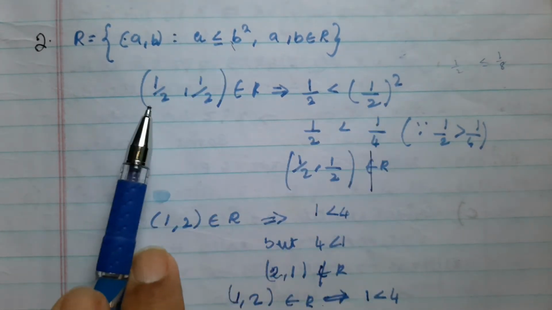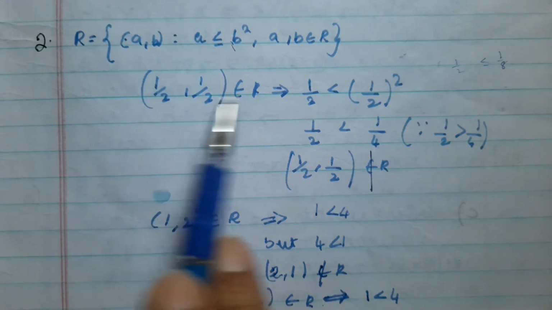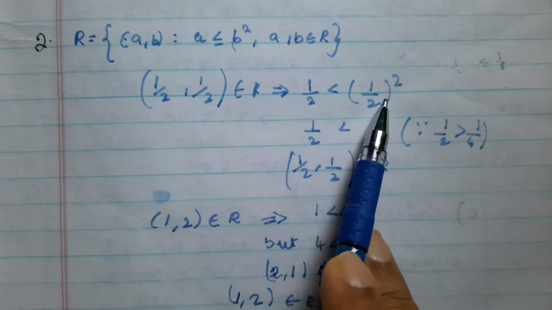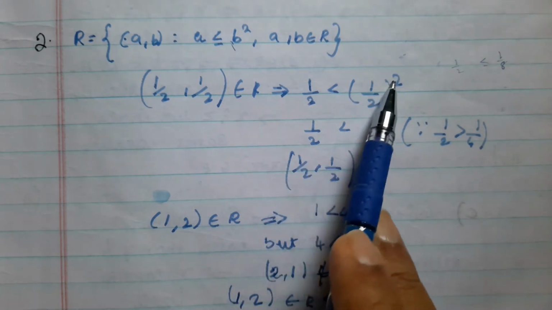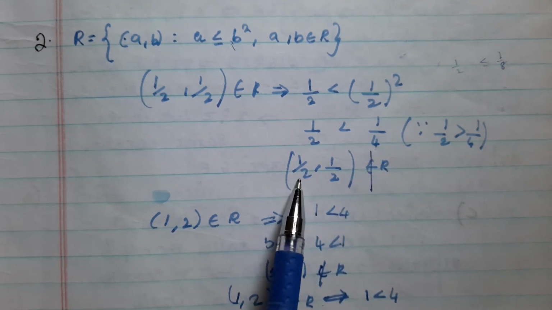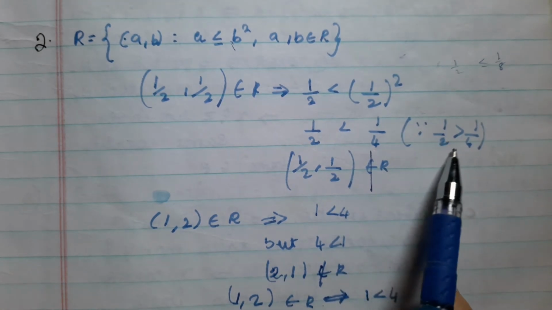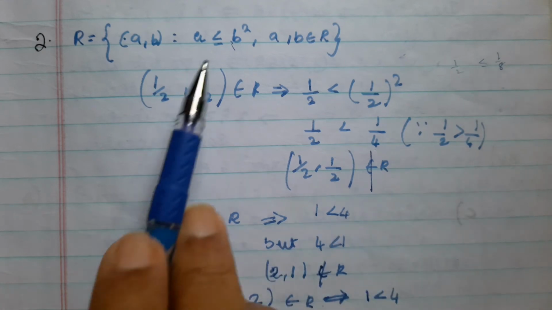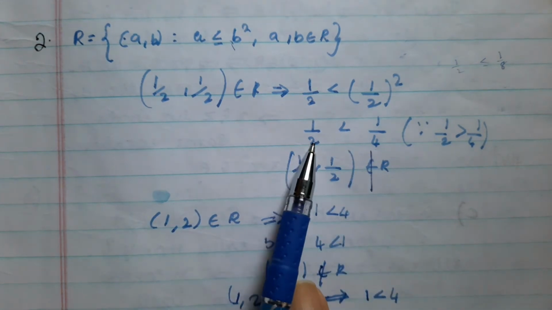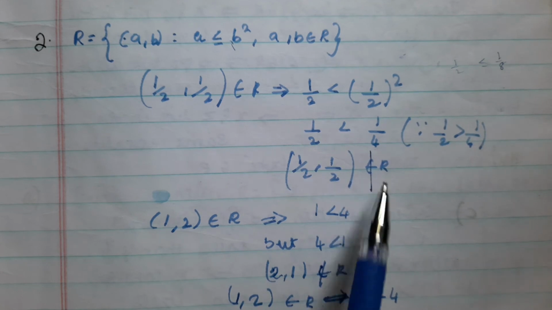According to this condition, we are taking a as 1/2, b also 1/2. So a equal to 1/2 and less than or equal to b square means (1/2) whole square, which is 1/4. Therefore, (1/2, 1/2) does not belong to R, because 1/2 is greater than 1/4. According to the condition, the a value should be less than or equal to b square. But here 1/2 is greater than 1/4. So the condition fails, it does not belong to R.